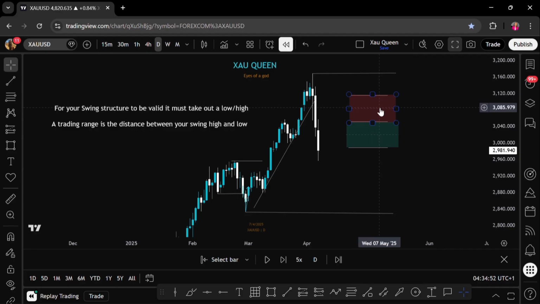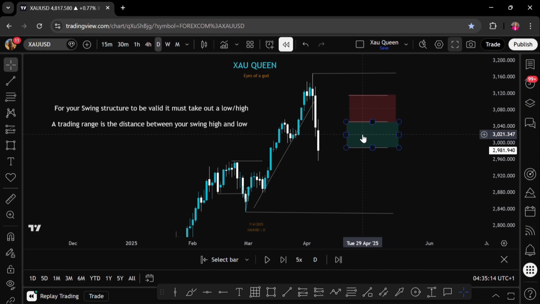So this red area, all this area here, is our premium zone. When something is premium, it means that it's expensive, like when people say premium gang, or you want to buy premium things, it is expensive. But when we say they are selling something for a discount, it means it is affordable, very affordable.